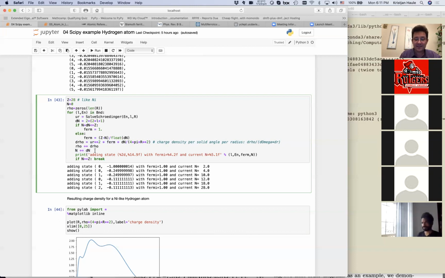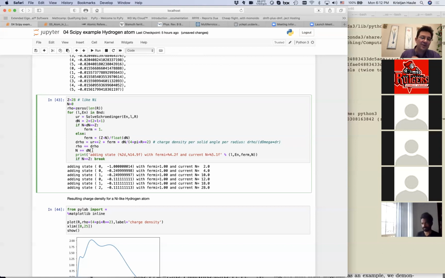We could add here dn times firm, of course, because that's exactly how much we're going to add in the step. But that's okay. We can use dn only because that's actually safer, because in the last orbital, this n will now exceed z. And that's good, because then here, if we check when n is equal to z, bigger than z, we break.